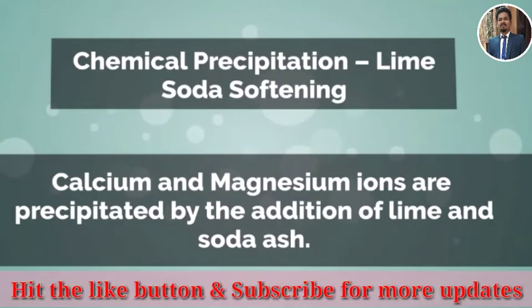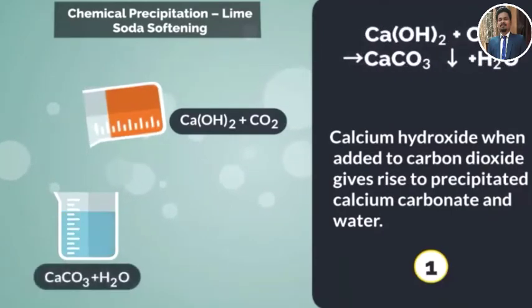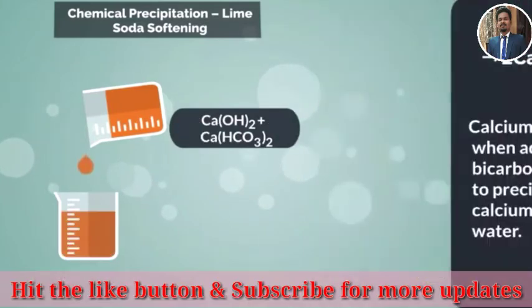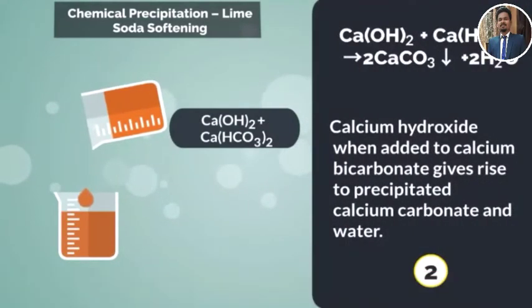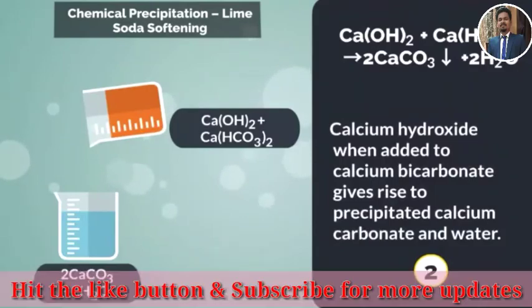Kindly note them down. Calcium hydroxide, when added to carbon dioxide, gives rise to precipitated calcium carbonate and water. Calcium hydroxide, when added to calcium bicarbonate, gives rise to precipitated calcium carbonate and water.